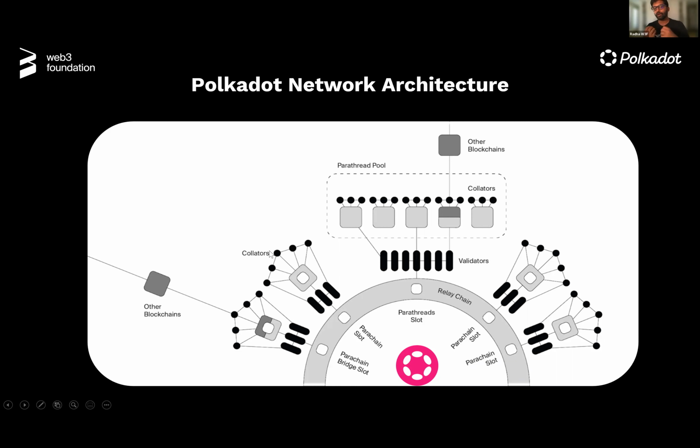The job of collators is to collect all the transactions, the activity that happened on the parachain, and package it into a proof of validity block, which can be validated by the validators on Polkadot. The beauty of this is that parachains are a blockchain as well.